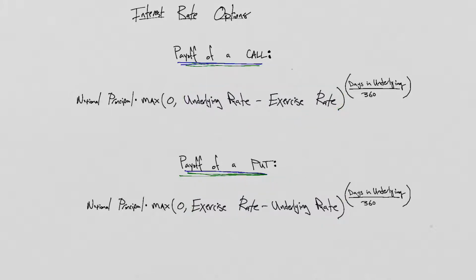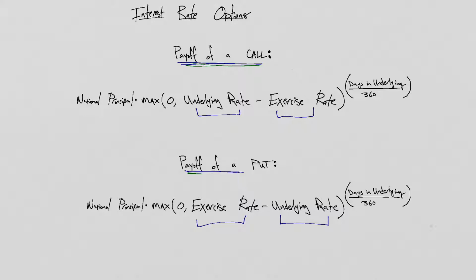One final thing to note is that interest rate options come in different maturities. So you might have an interest rate option for a year, you might have one for 2 years, or you might have something for 6 months, 180 days. And the reason why that matters is that these rates here are quoted in annual terms.